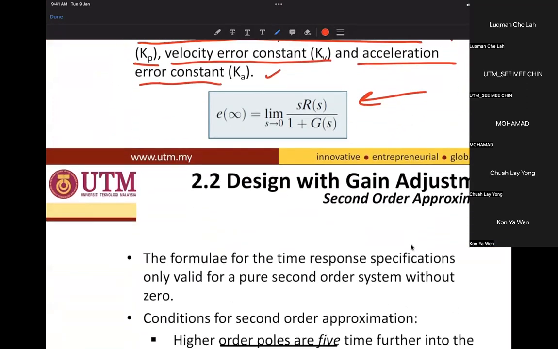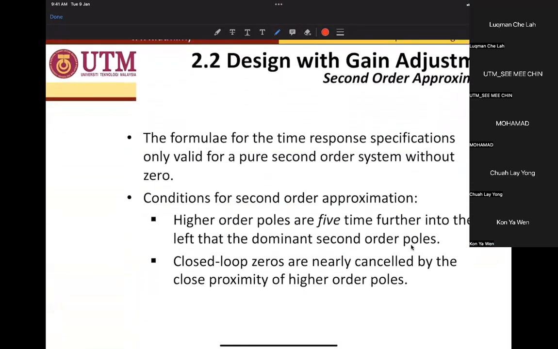Right. So, design with gain adjustment. If there is no question, we proceed. Design with gain adjustment, second order approximation. The formula for the time response specification is only valid for a pure second order system without zero. Conditions for second order approximation must be fulfilled.